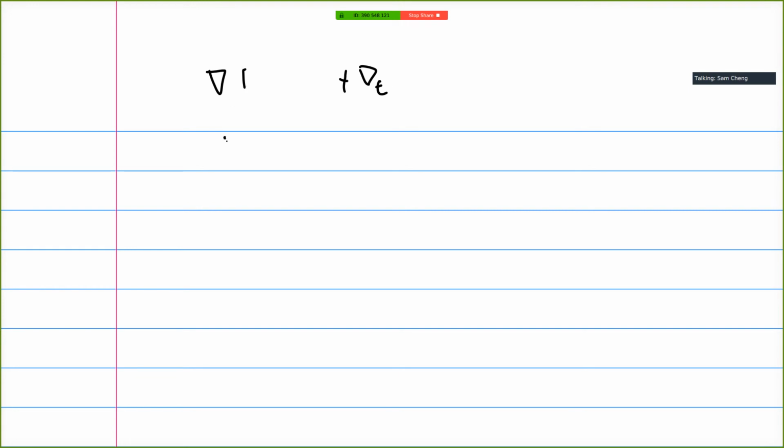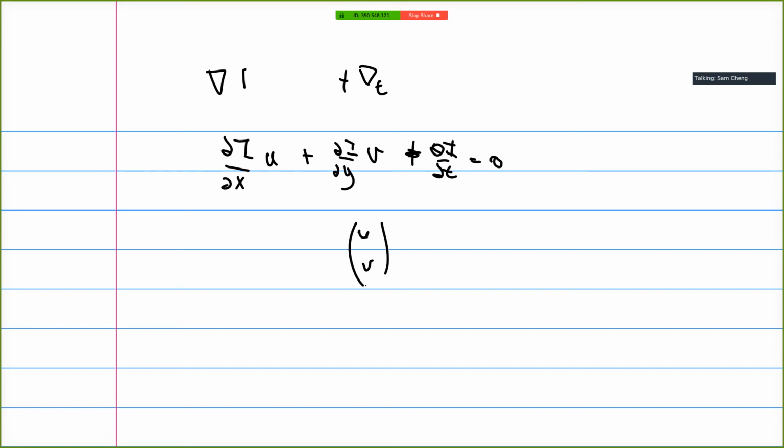Or I can even write it like this: partial I partial x times u, plus partial I partial y times v, plus this change in t, partial I partial t, is equal to 0. So as I said, we need to solve for u and v. I can write it in a matrix form: partial I partial x, partial I partial y, times u, v, plus partial I partial t is equal to 0.